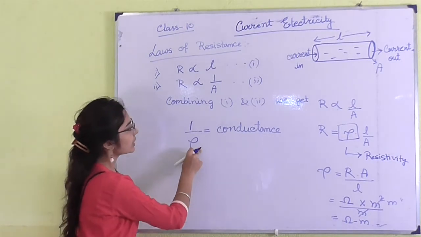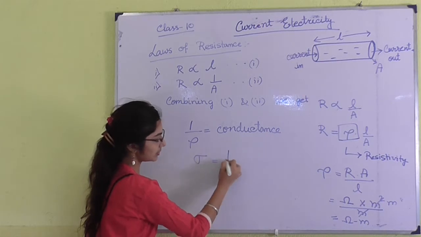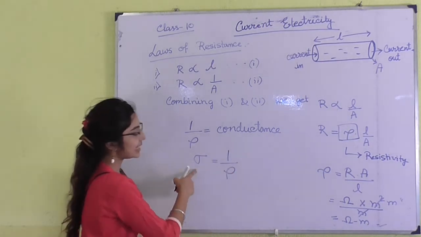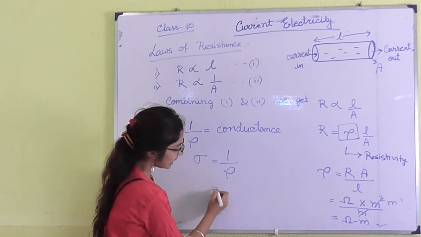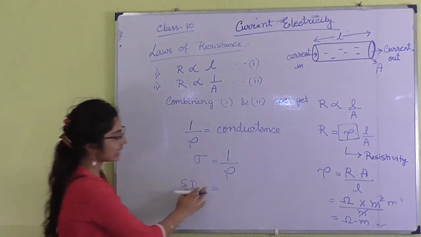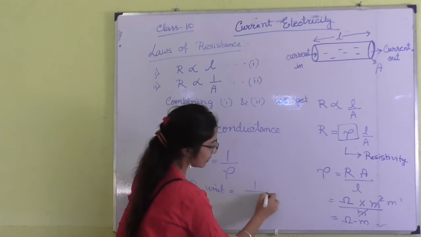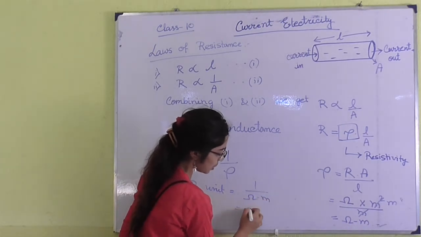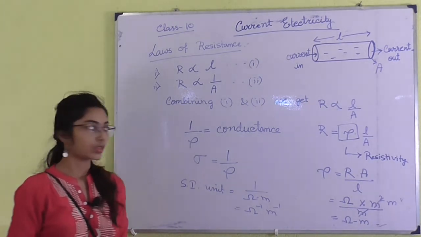So 1 by rho is denoted by a Greek symbol known as sigma. Sigma is equal to 1 by rho. Its unit is the SI unit of 1 by rho. Basically the SI unit is 1 by ohm meter, so ohm inverse meter inverse is the unit.